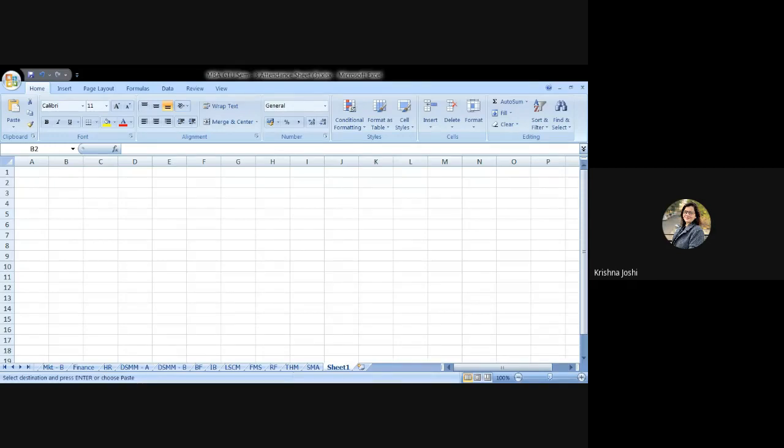Say for example I have purchased a share of 20 rupees, and now what are all the happenings that will convert my share into risk?